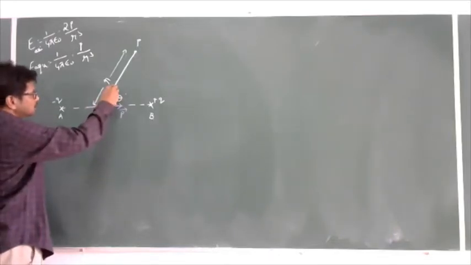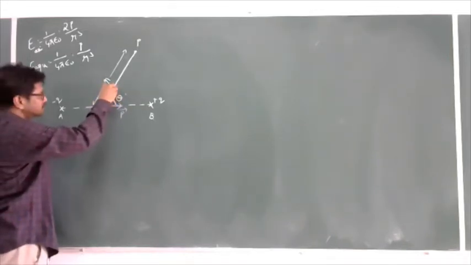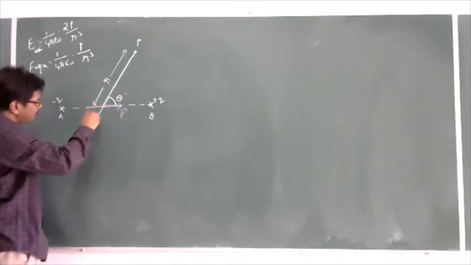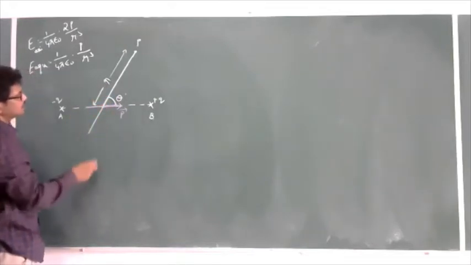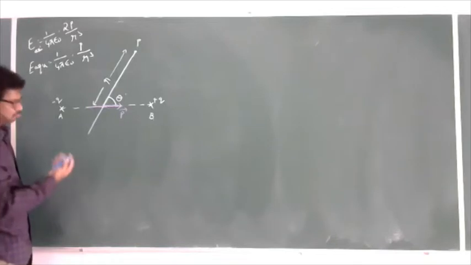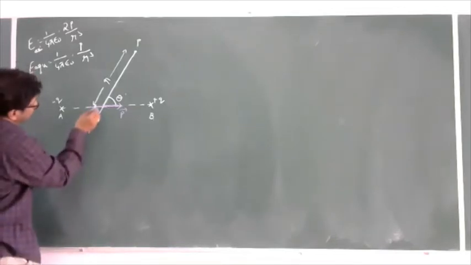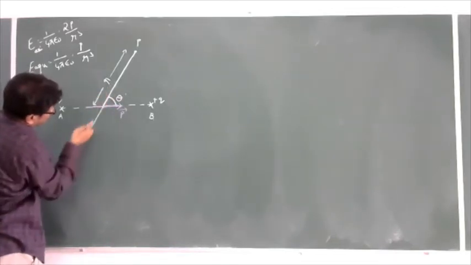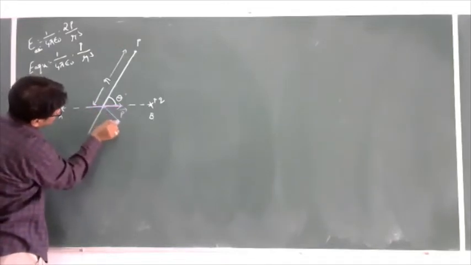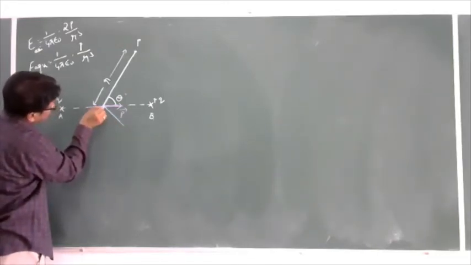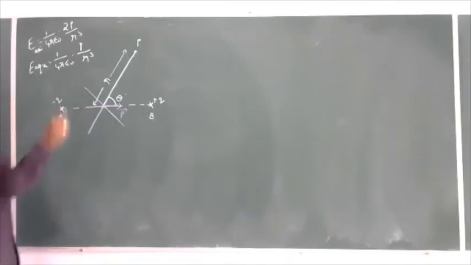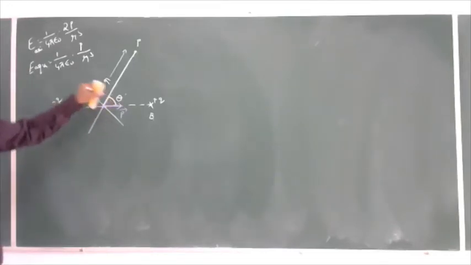So this is one rectangular component, and another rectangular component should be perpendicular to this. This is one more rectangular component. These two components are perpendicular to each other.